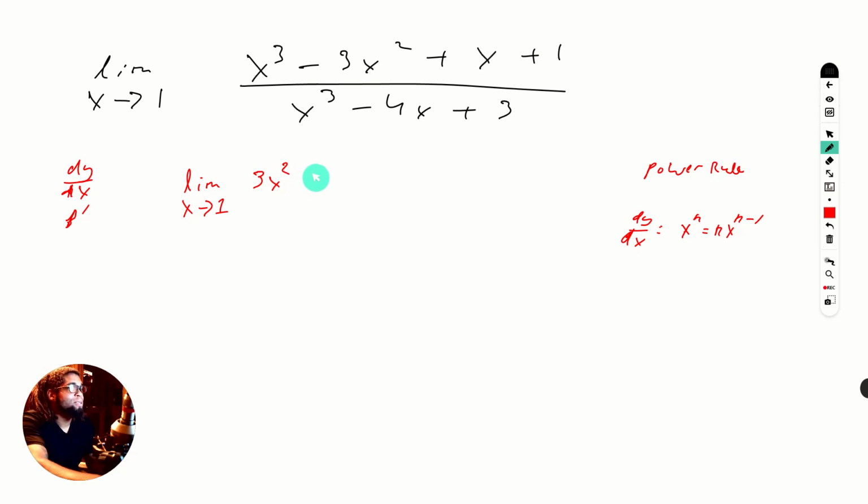So that's going to be x to the second. And then minus, now we have 3x squared. So we have to multiply the constant by our exponent, which is 3 times 2, which is going to give us 6x.